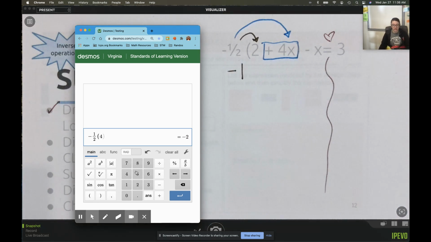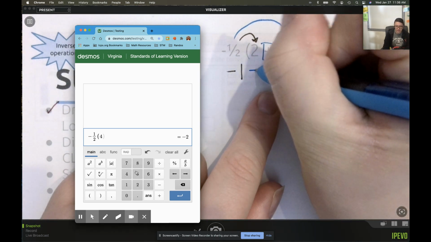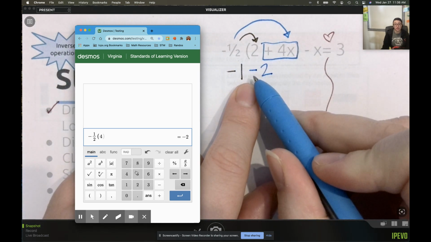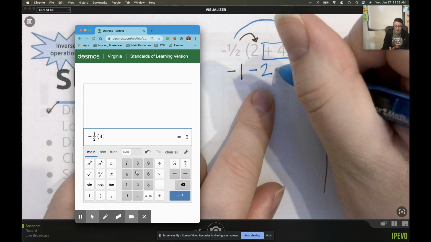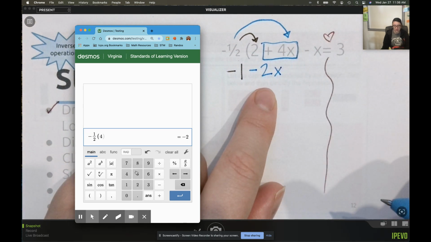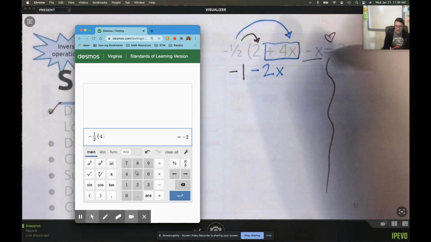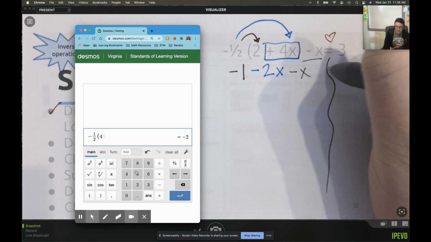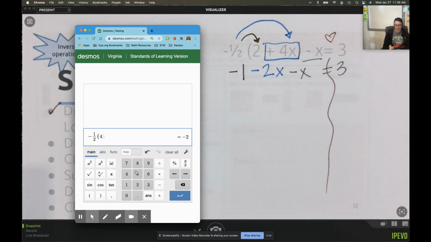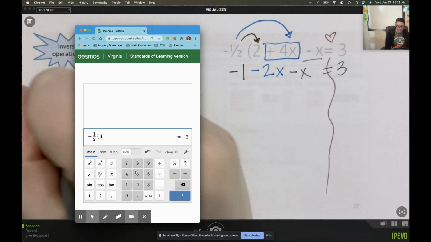I can only do negative 1/2 times 4, and I get negative 2. So now I'm subtracting because that's negative. And then I've got my x. Then I have to bring everything else down. There's my gray. I have to bring down that minus x equals 3. There is my distributive property.